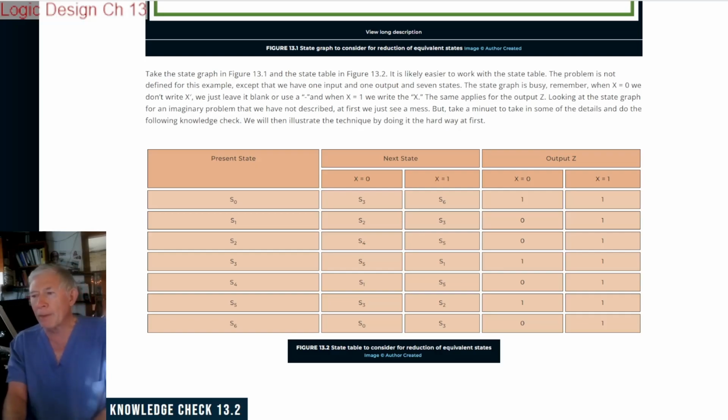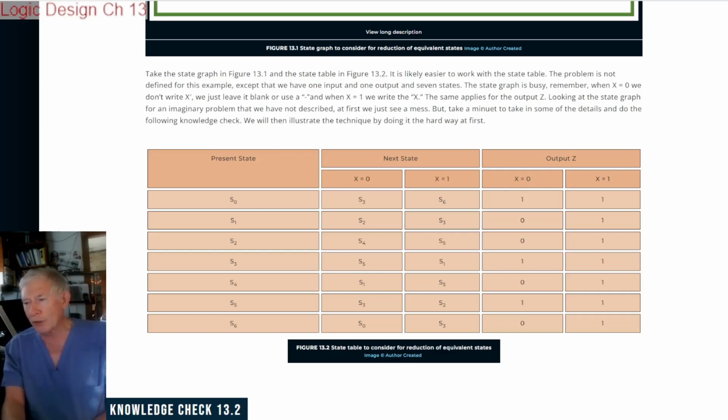So after the next input for x equals 0, they stay within the same group. Remember, our group is 0, 3, 5. So 0 goes to 3, that's in the group 0, 3, 5. 3 goes to 5, and 5 goes to 3, so those are in the group too.